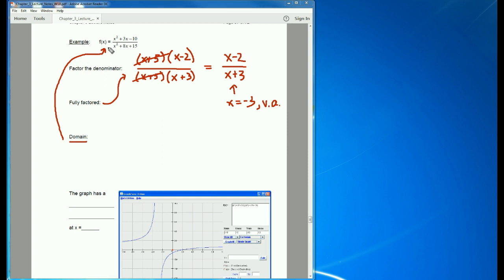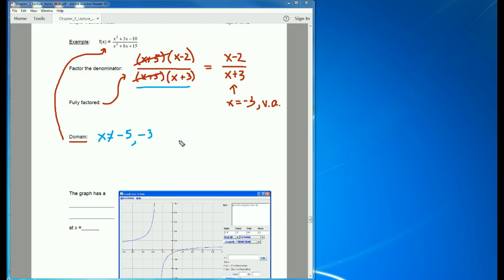We have to look at the original function, which had these two factors in the denominator. So in other words, for the domain, we have to say x cannot equal -5, and it can also not equal -3.